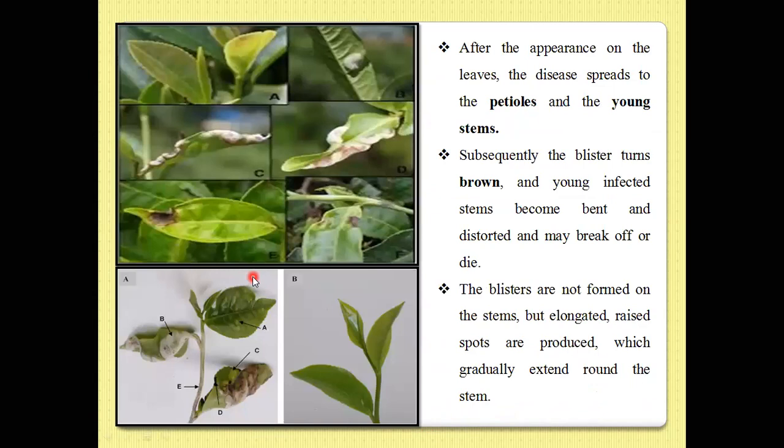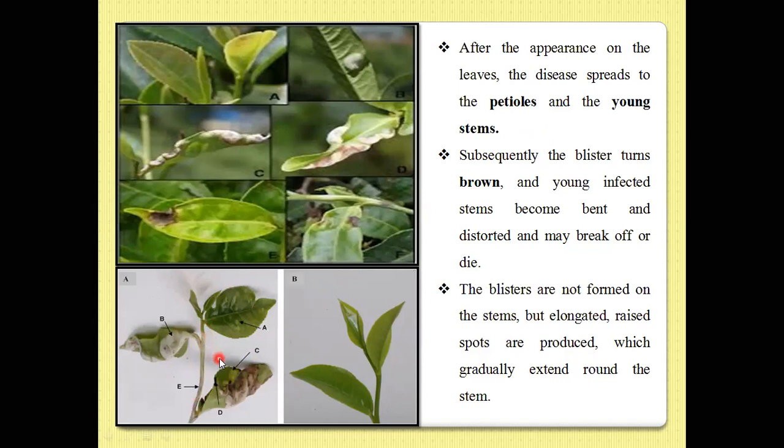Then gradually this fungus spreads from the leaf to the shoots, and from the shoots to the petiole portion or younger twigs. This fungus develops and appears on the petiole portion as well as the younger stem. Suppose this is the infection seen on a younger twig or shoot portion.